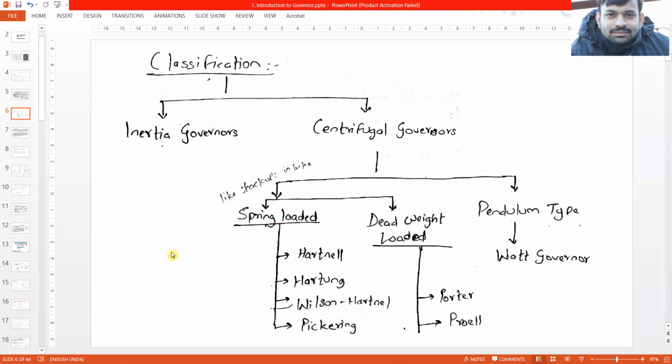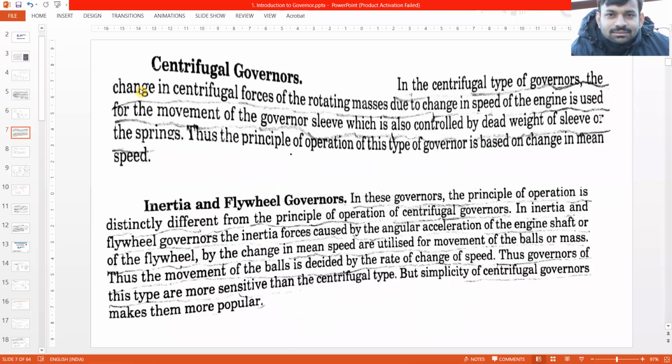Before going to each and every governor, let's first understand this. In centrifugal governors, the change in centrifugal force of rotating masses due to the change in engine speed is used for movement of the governor. As the name suggests, it works due to centrifugal forces of the rotating masses.